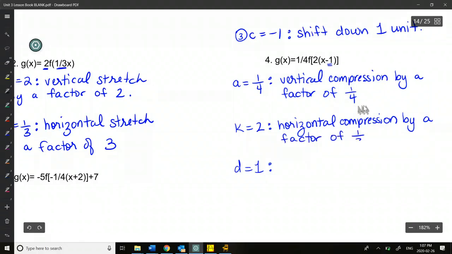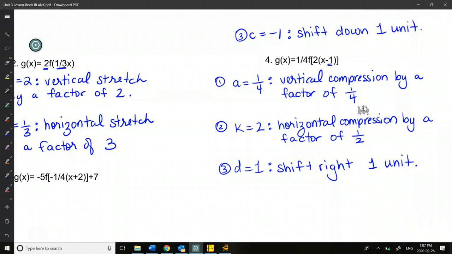Perfect. Okay, and a D value of +1. Shift to the right. Okay, shift right 1 unit. Perfect. And note again, I did A and K first, and then D would be done last because it's a shift.